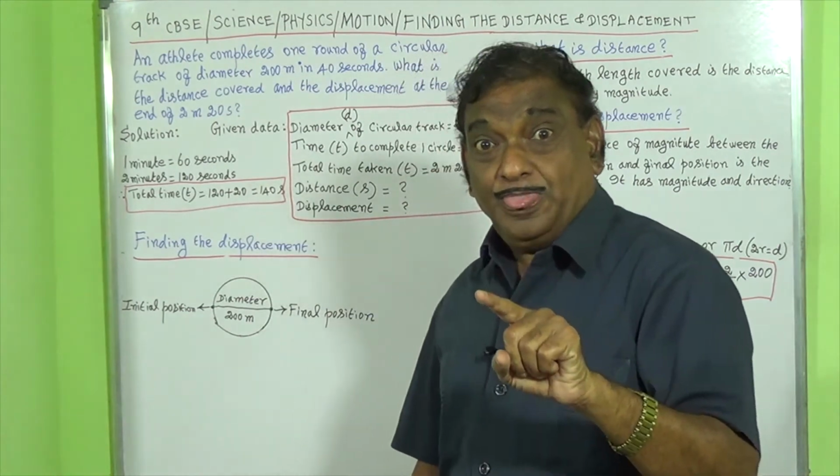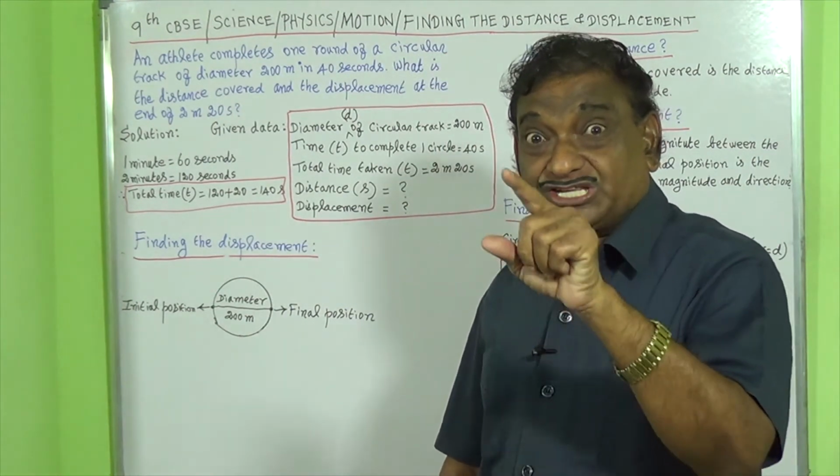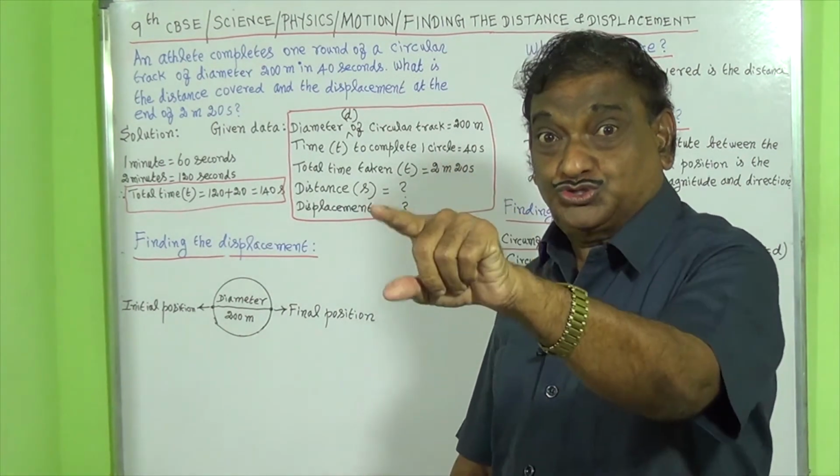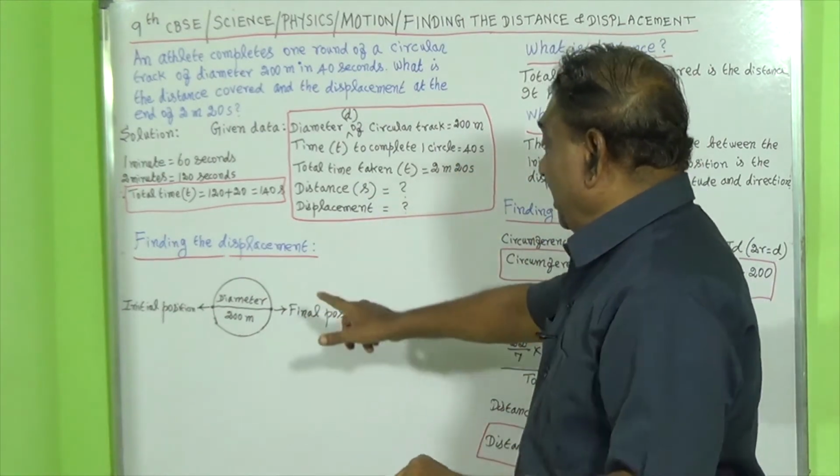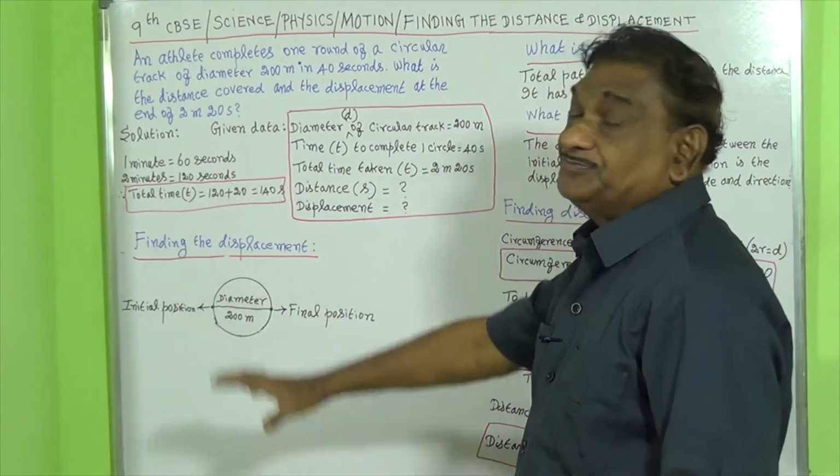Since in this sum we are speaking about the circular shape, we are using the term circumference, not perimeter.